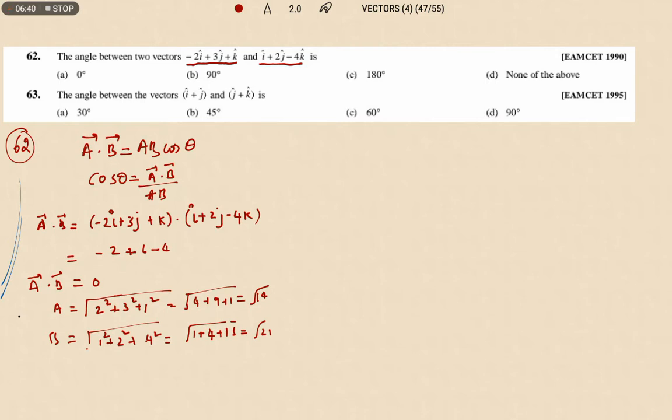Let us find cos theta. Cos theta equals a bar dot b bar over root 14 root 21, which is 0 over something, so 0. Cos theta is 0. Only for theta equal to 90 does the cos value become 0. That means the angle between the two vectors is 90 degrees.